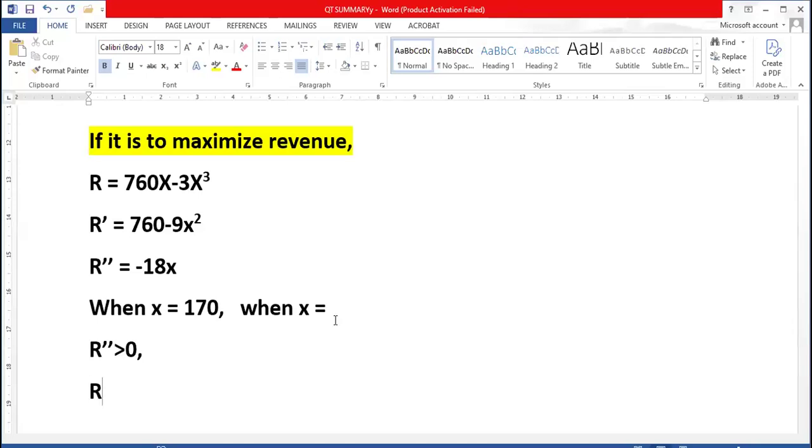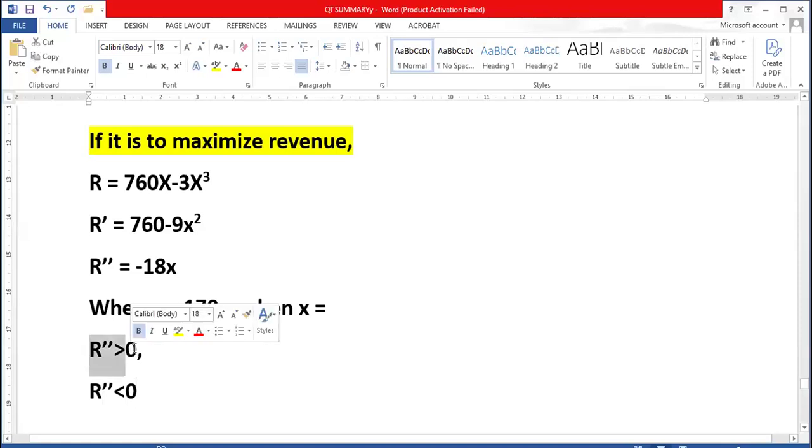Those who can recall, what did we say? If the second derivative has given you a value that is greater than 0, does that show a minimum turning point or a maximum turning point? Minimum.